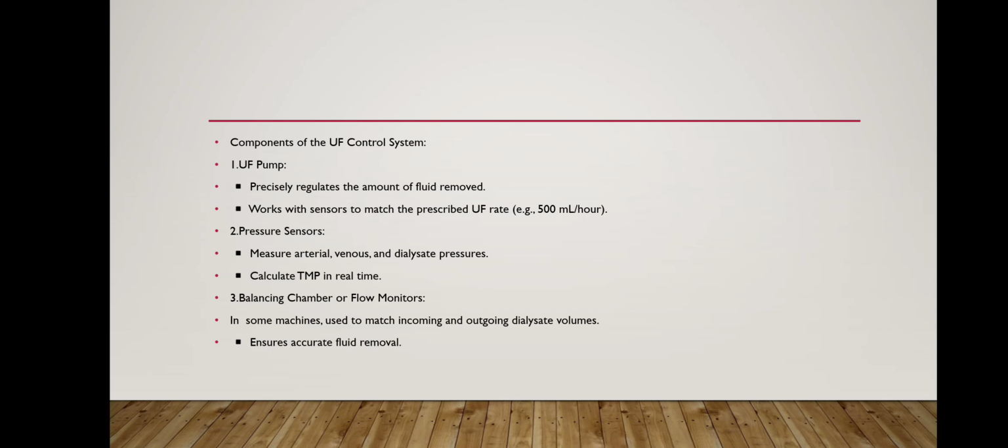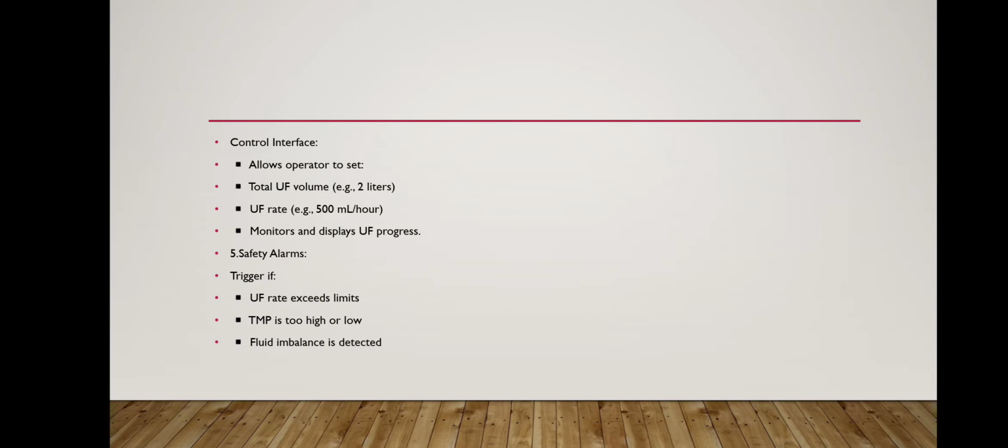Next, balancing chambers or flow monitors. In some machines they are used to match incoming and outgoing dialysate volume to ensure accurate fluid removal. The control interface allows the operator to set the total UF volume, for example 2 liters, and the UF rate, for example 500 ml per hour, and to monitor and display UF progress.